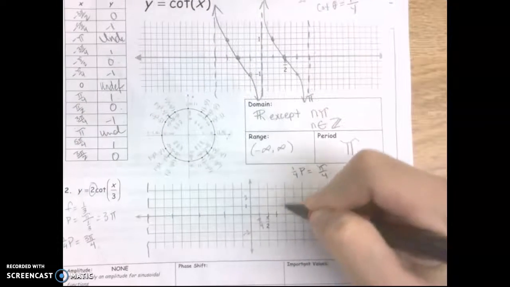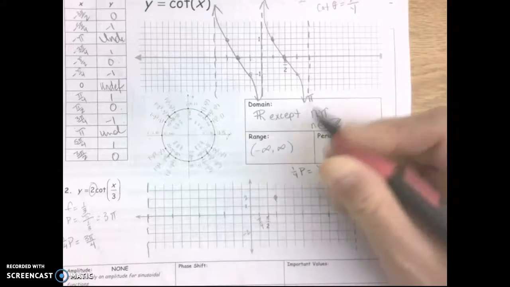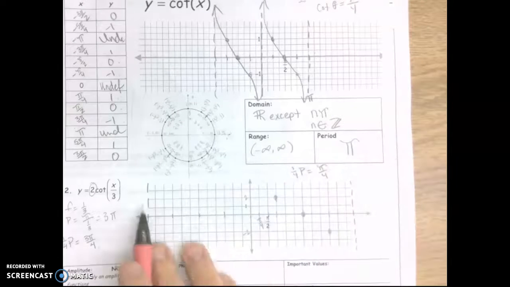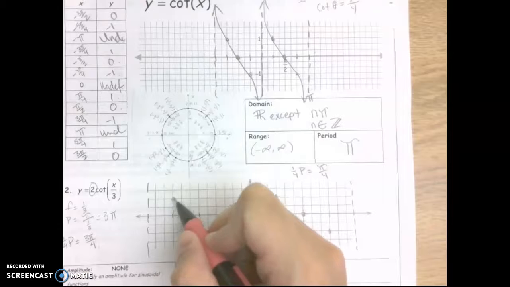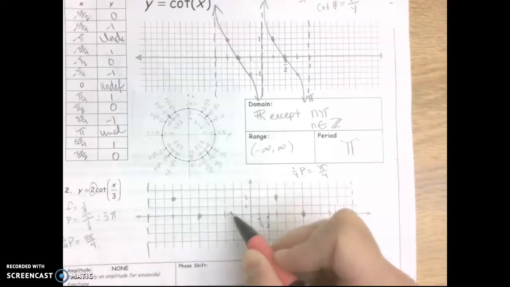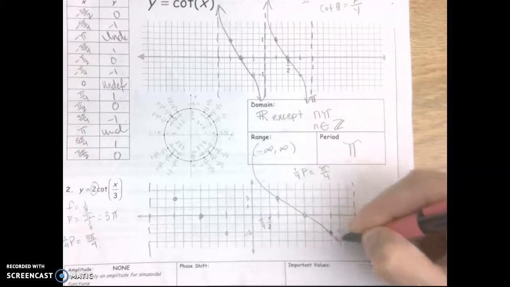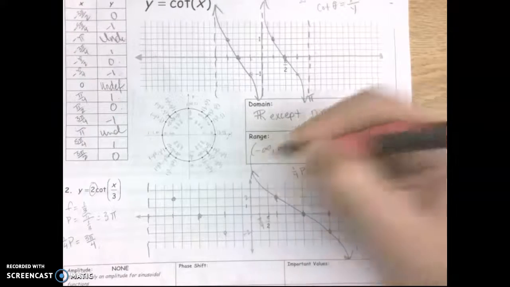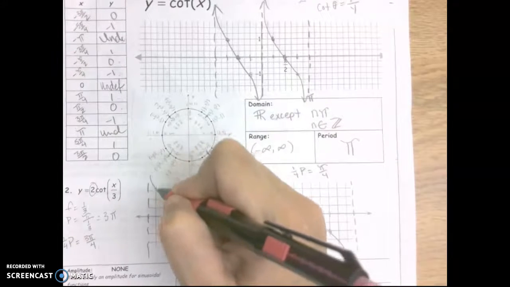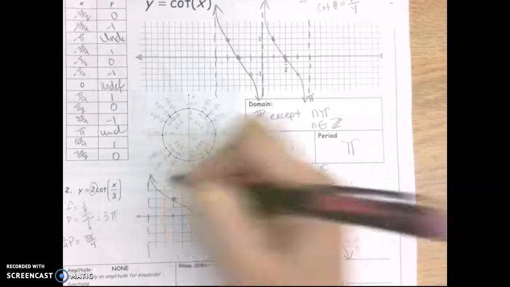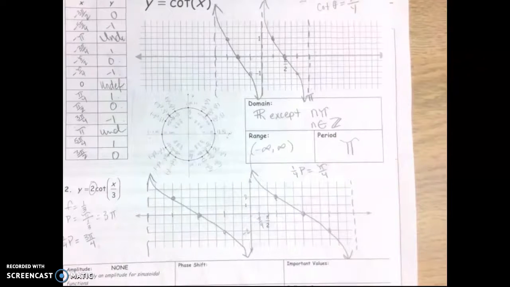So every 3 of those I'll be at a high, a middle, and then a low. Go to my asymptote, I'll be at a high, a middle, and then a low. And connect those. And that's my graph.